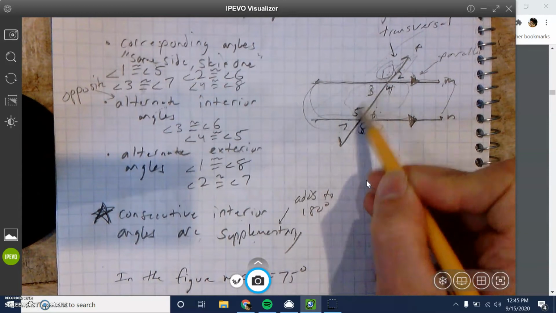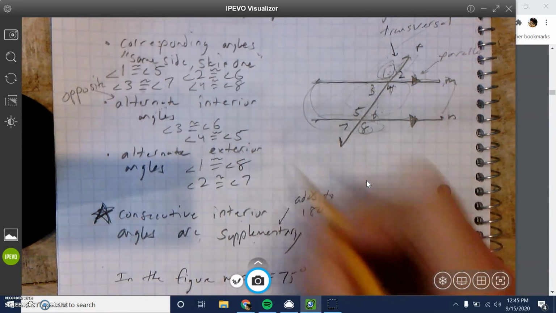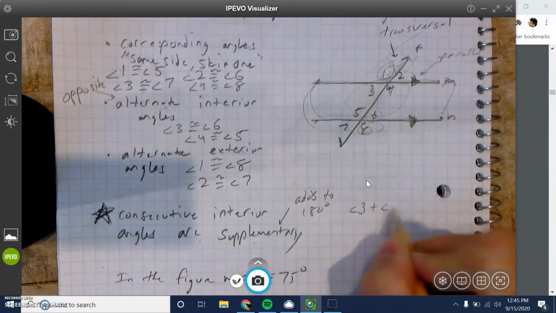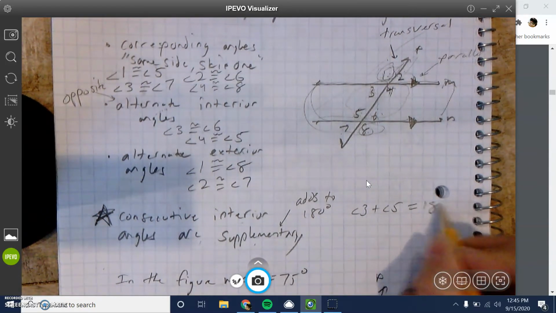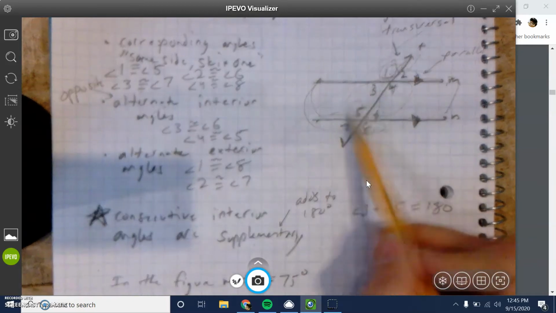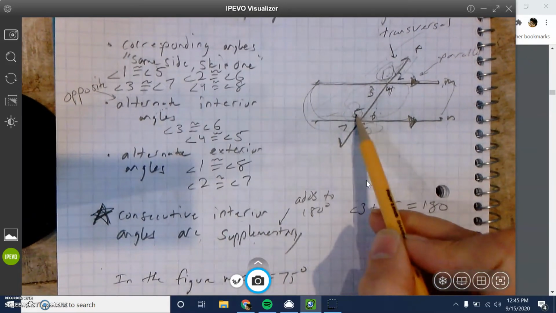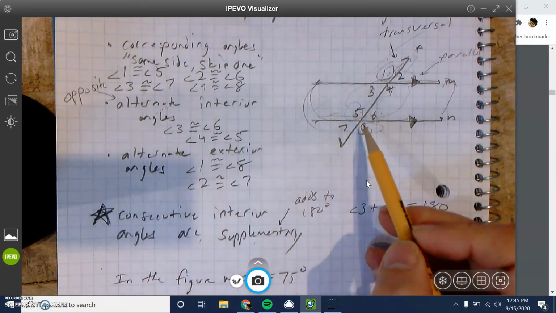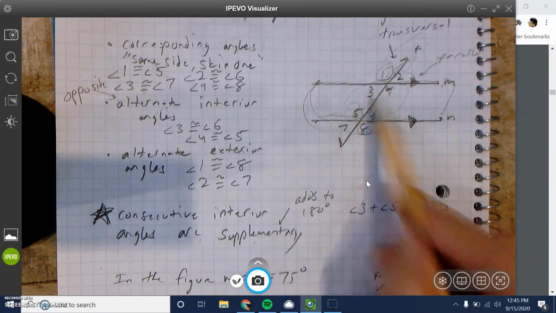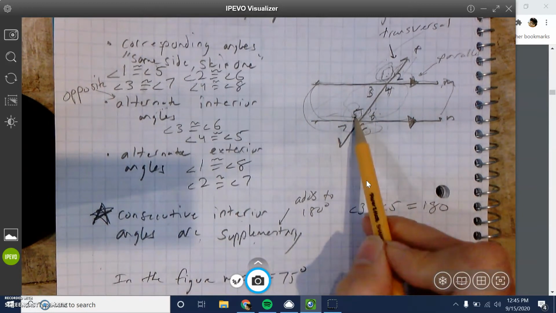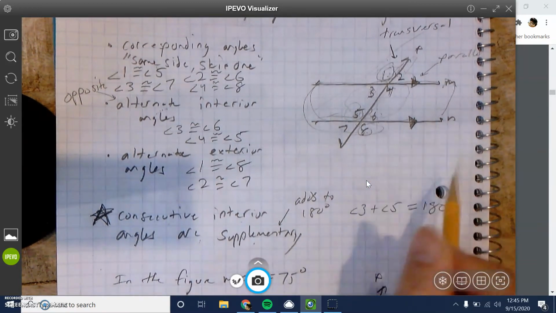So interior, consecutive, same side. So that would mean that angle 3 plus angle 5 equals what? Yeah, 180. They're not congruent because one's obtuse and one's acute, but we know that this is 100, this is 80, because 100 plus 80 equals 180. This is 120, this is 60, because 120 plus 60 is 180.